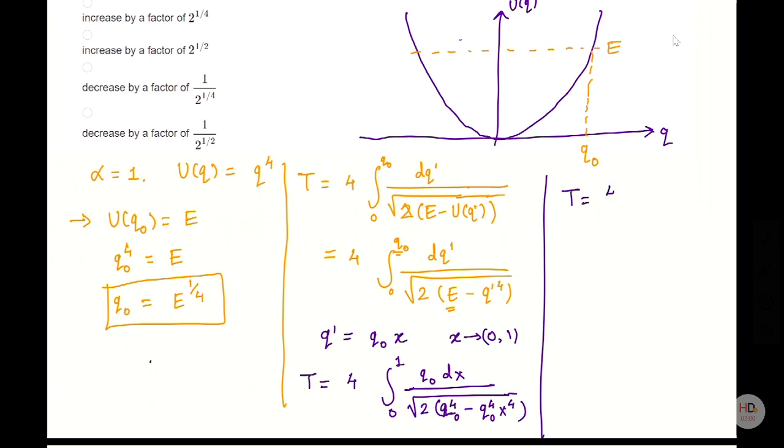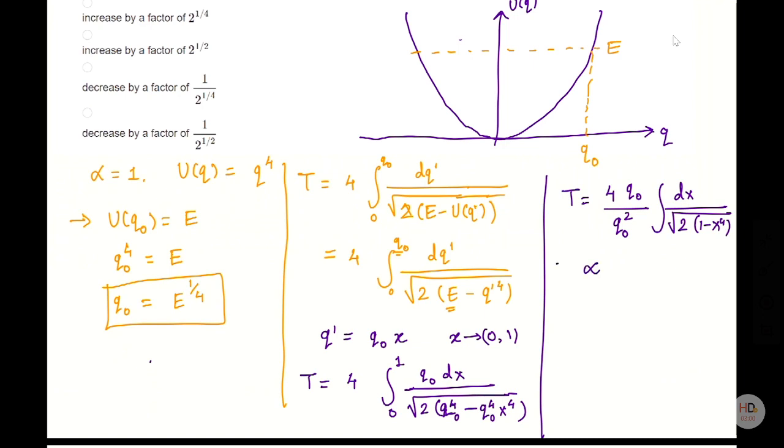We have 4 times q0, and from the denominator we have q0 raised to 4, but then there is a square root, so it is q0 square, right? And then the integral dx from 0 to 1 over square root of 2 times 1 minus x to the power 4.